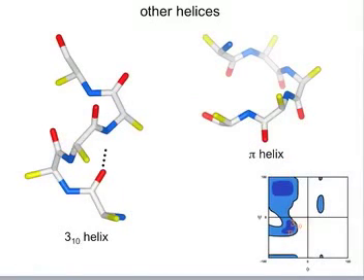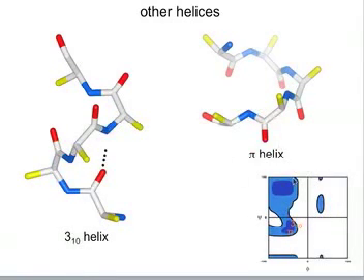All right. There are a couple of other helices that we can discuss that we encounter much less frequently, aside from the left-handed alpha helix, which, remember, is not observed very frequently in biology. Neither is the 3-10 helix. So this is a 3-10 helix. Again, in this case, 3 residues per turn, exactly 10 atoms per turn.